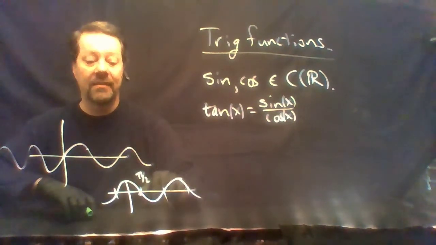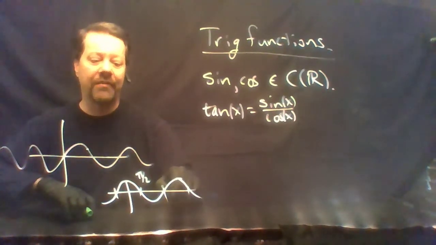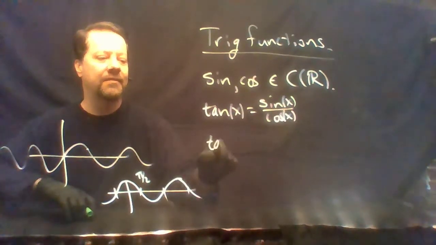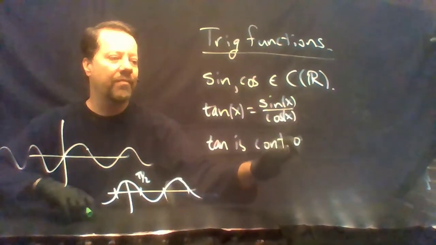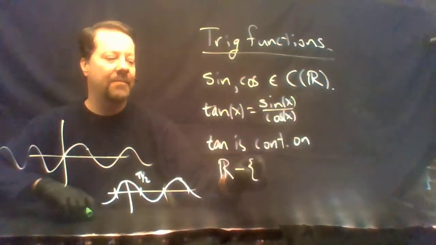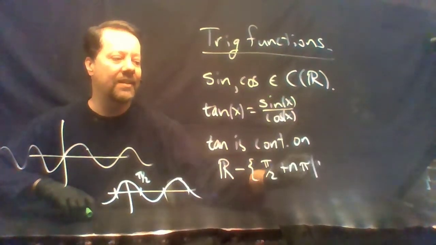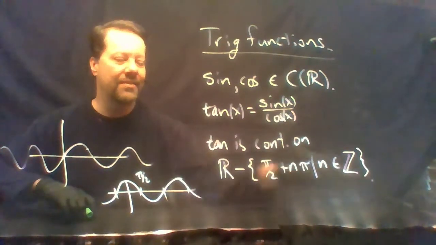Well, cosine goes to 0 at pi over 2, and also every pi units thereafter. So tangent is continuous on the set of real numbers except pi over 2 plus n pi, such that n is an element of the set of integers.